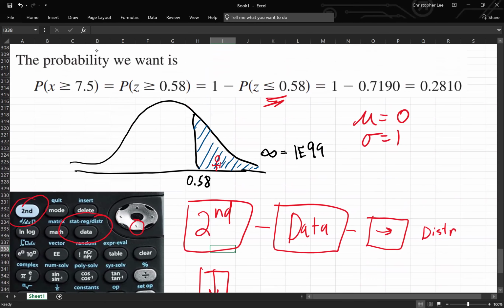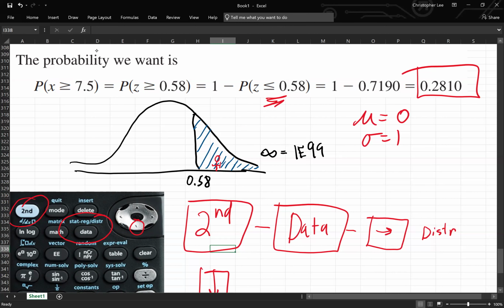Everybody got this? There's an answer. You're gonna have more decimals, of course. It's rounding off.